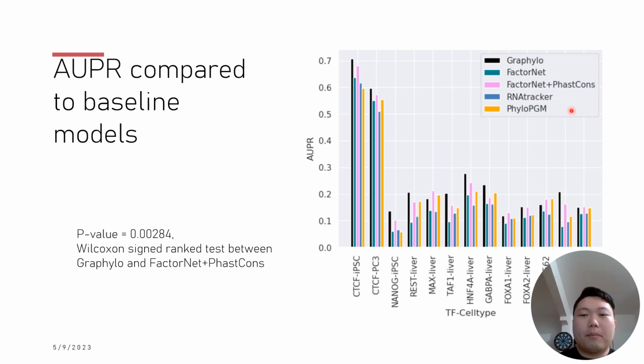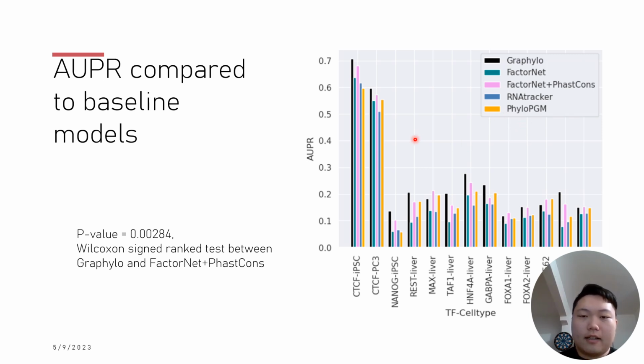We also compare it against RNA tracker, which employs a CNN, LSTM, and attention mechanism, and PhyloPGM, which is a probabilistic graphical model that uses predictions made on different species in the phylogenetic tree and aggregates them to make a better prediction on the human DNA.